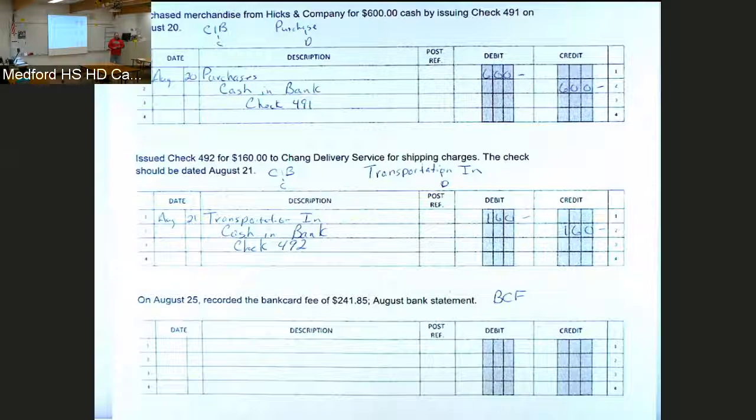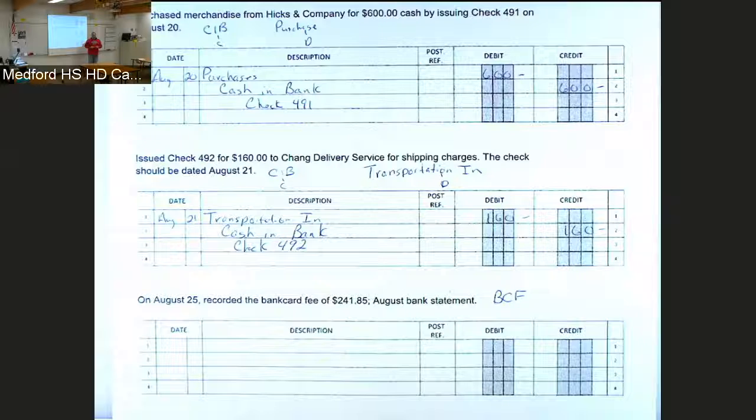So what do you think it is? You're going to go with expense? Why? They have to pay it. Well, you have to pay a liability as well. Yeah, you have to pay the transportation, which we're still counting as cost of merchandise.